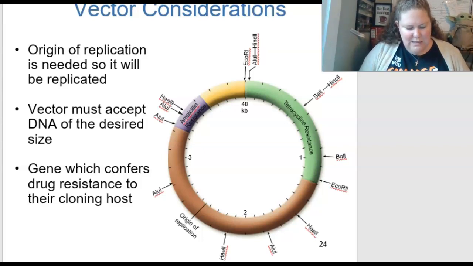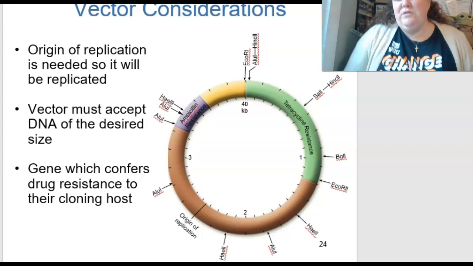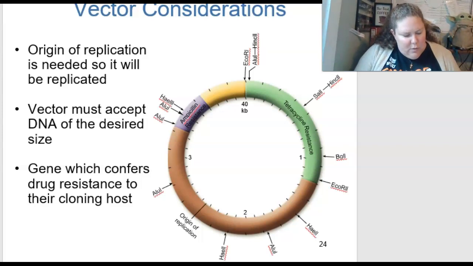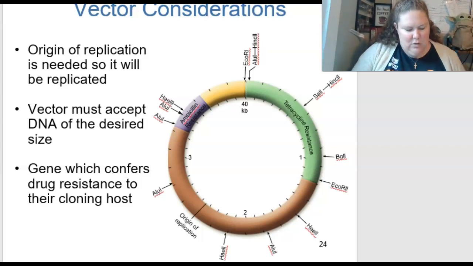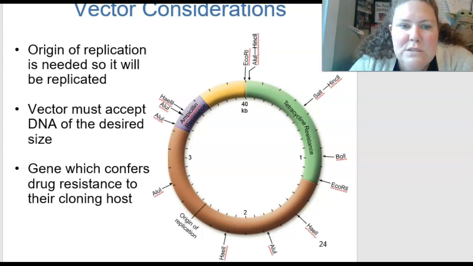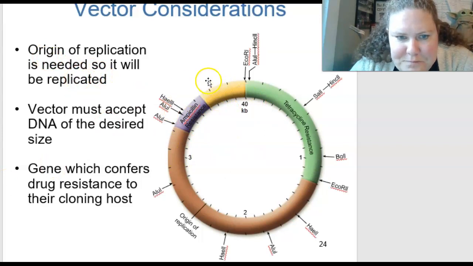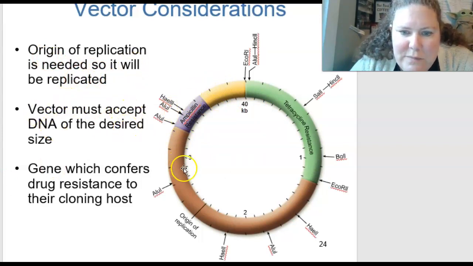The numbers indicate the size of regions in kilobases, abbreviated kb. Other important components are genes for ampicillin and tetracycline resistance and the origin of replication. The origin of replication is needed so that it can be replicated. And the vector must accept the DNA of the desired size, so we have to make sure that it fits.